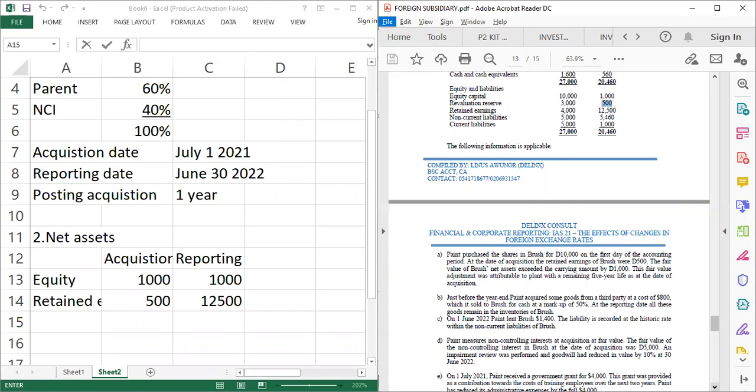What is the meaning of this? Revaluation increase. So if our asset is increasing, it means this particular value was not added to the assets. So now that we are going to add it, what will be the effect of increasing the asset on net assets?